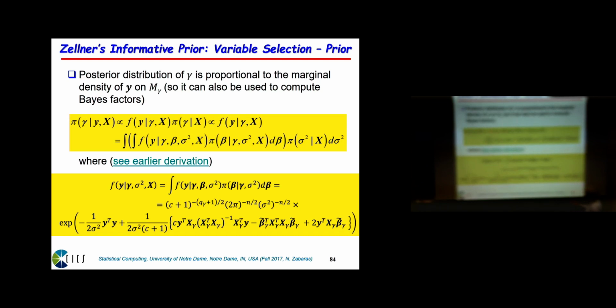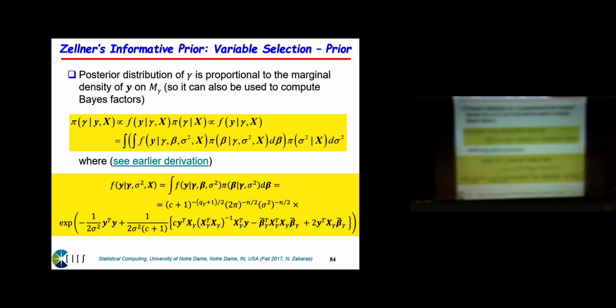This is the likelihood, with these variables, there are no other parameters here, times the prior. So this posterior is proportional to the marginal likelihood that we know how to compute for a given gamma. We already did this calculation before, and I'm just giving you the formula here for the marginal likelihood.